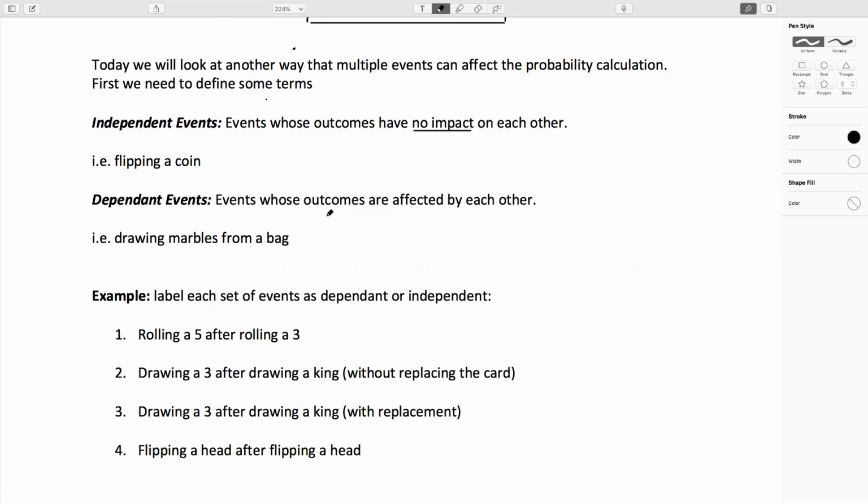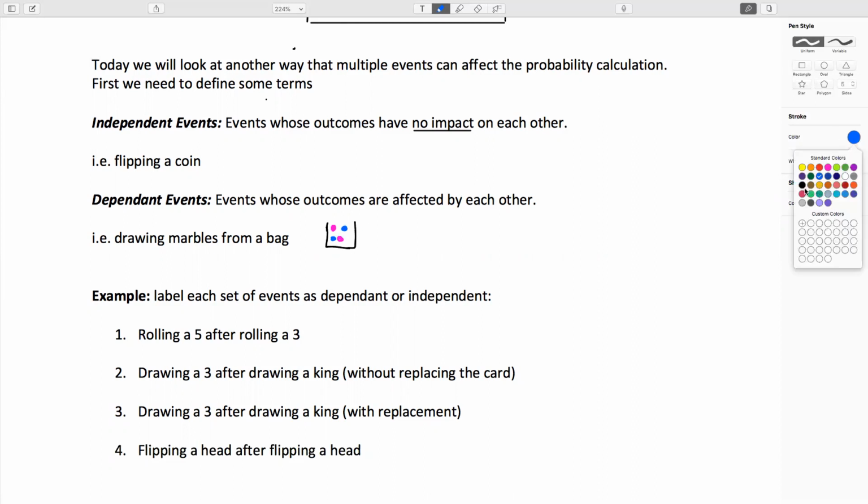So let's just say this is our bag here. Maybe we had two pink marbles and two blue marbles. So the probability of getting pink is 2 in 4, and the probability of getting blue is 2 in 4.